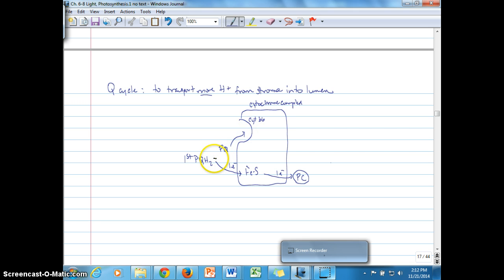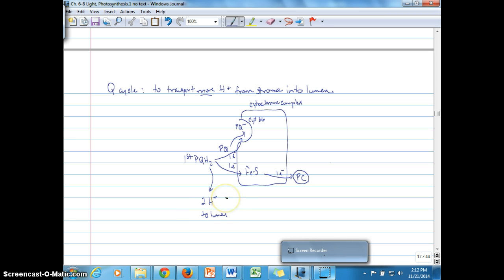So then the second electron is going to join it, that second electron that came from the first PQH2, which is going to make this become a PQ minus. And it's going to sit in that site and hang out until a second PQH2 comes along. Now when this plastoquinone becomes oxidized, remember it's going to release 2 hydrogen ions into the lumen.